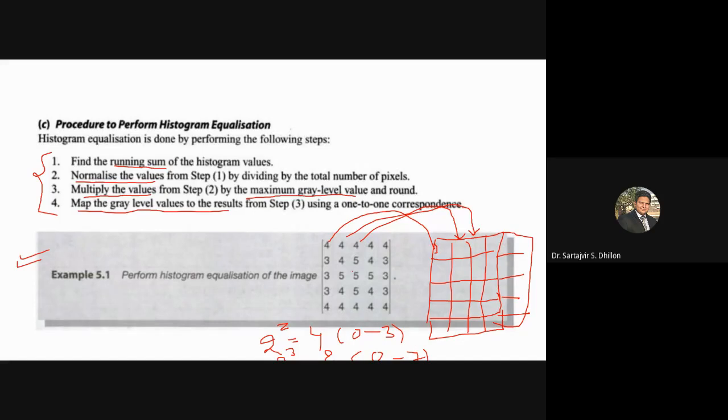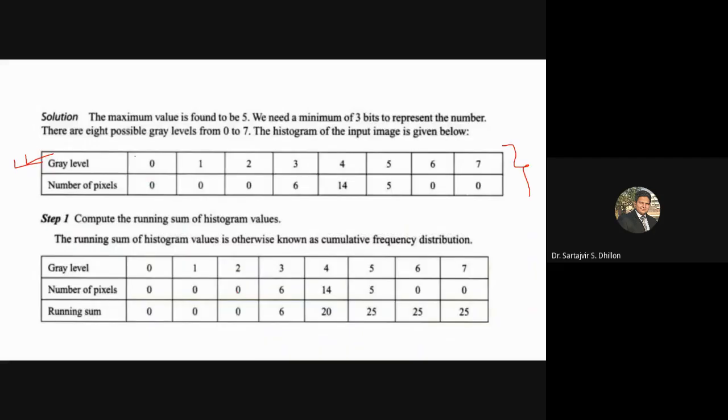There is no value more than 7, so we can consider it a 3-bit image. In 3 bits, there are 8 possible combinations: 0, 1, 2, 3, 4, 5, 6, 7.